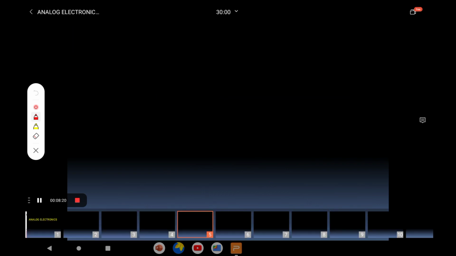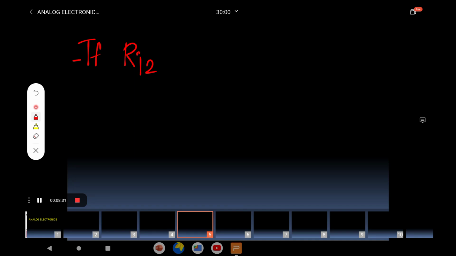Now from this, suppose RI2 dash is smaller than RL1 dash.